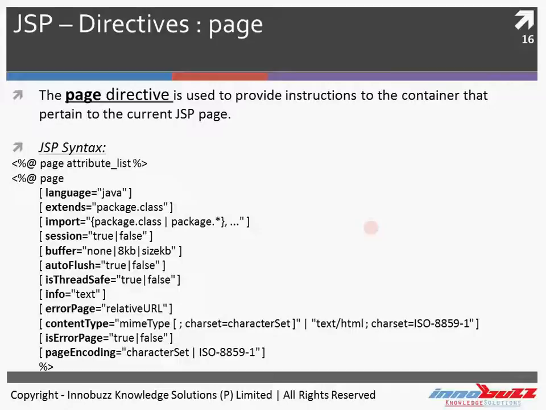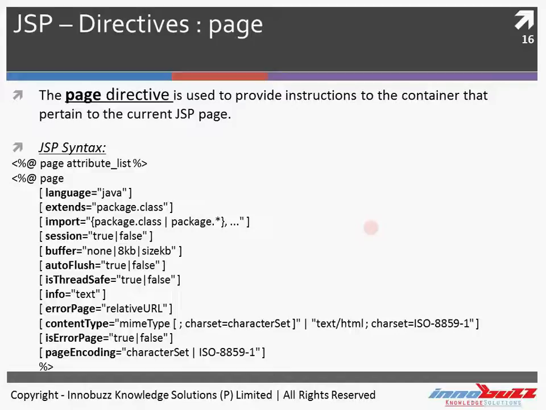The language equals Java means the scripting language used in scriptlets, declarations or expressions in the JSP page is Java. So this is what the language attribute specifies.